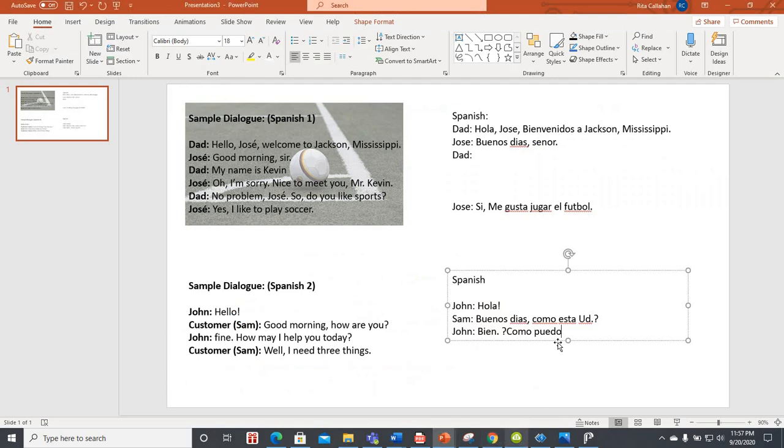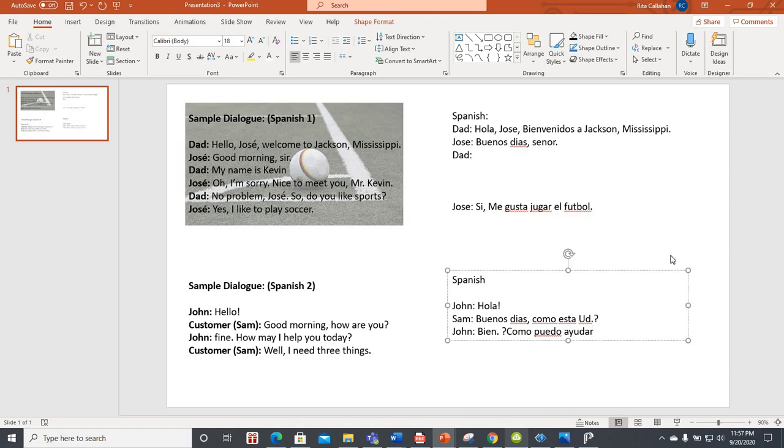May help. So I know I don't have to put the I there because Ms. Callahan said that subject pronouns can be omitted most of the time. So I'm going to leave out the I. But I have two verbs.